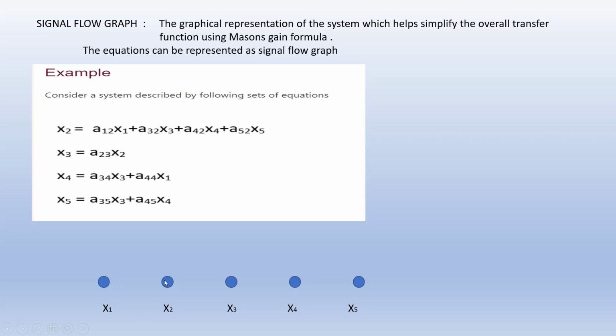So the x2 signal is formed from a12 multiplied with the signal x1, and a32 multiplied with the x3 signal, and x4 signal is coming with a42 and x5 signal is coming to x2 with a52. So all of these are incoming signals which are added to form the x2 signal.